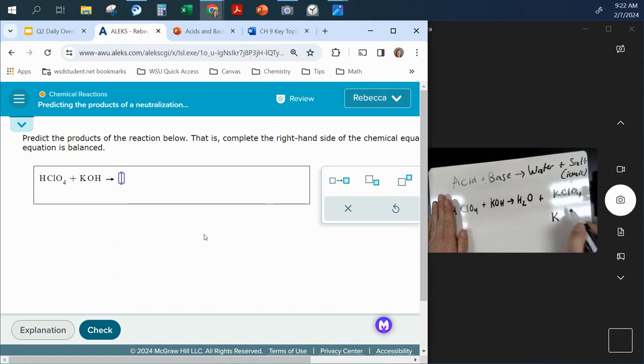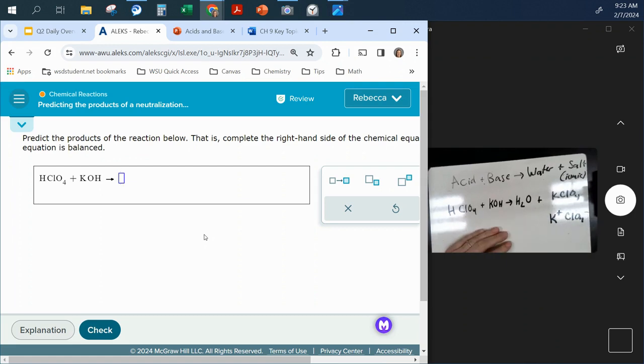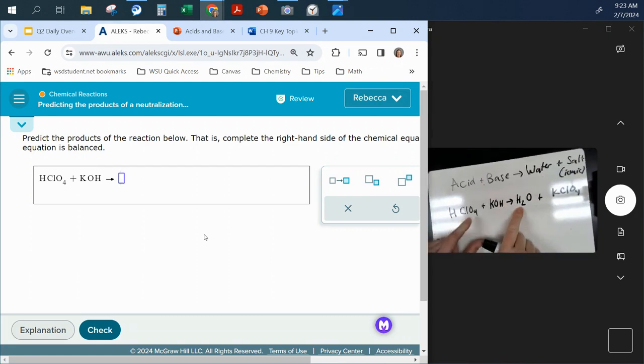Potassium, let's just check the formula. So potassium has a plus charge. ClO4, if you don't remember the charge, you can look at this. Hydrogen has a plus charge, so this must have a minus charge. ClO4 minus, so this is just 1-to-1. So we don't need to add anything there. And it's balanced. We've got 2 hydrogens, chloric acid, perchlorate.